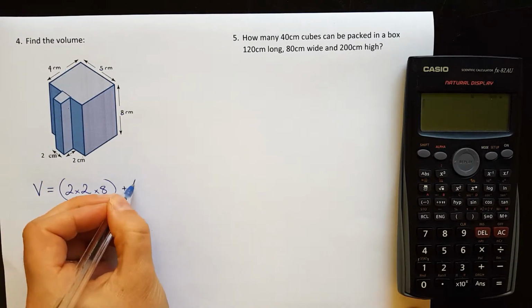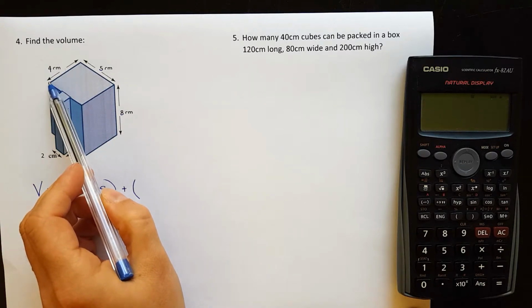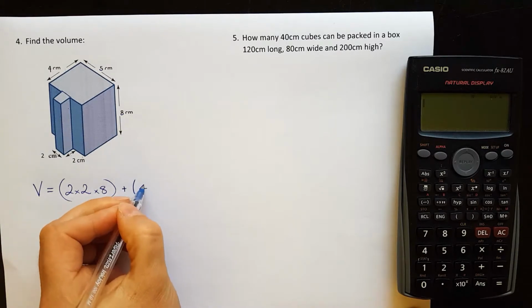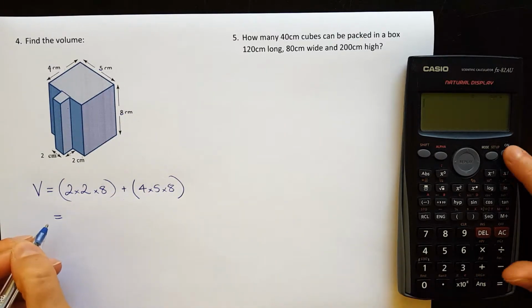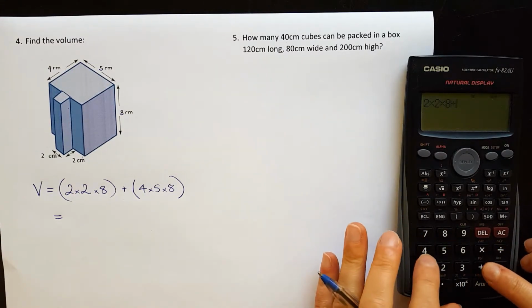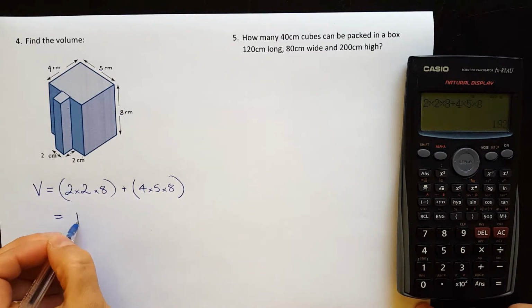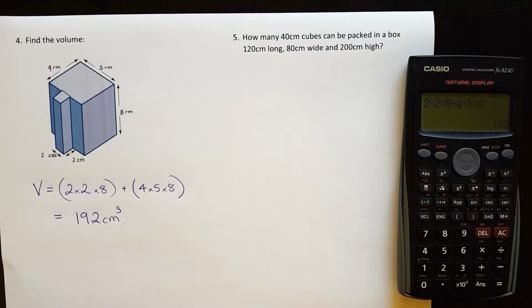Then we want to add on our big rectangular prism, which has dimensions 4 times 5 times 8. Okay, and all we have to do is calculate that to get our volume. So that's 192 centimeters cubed.